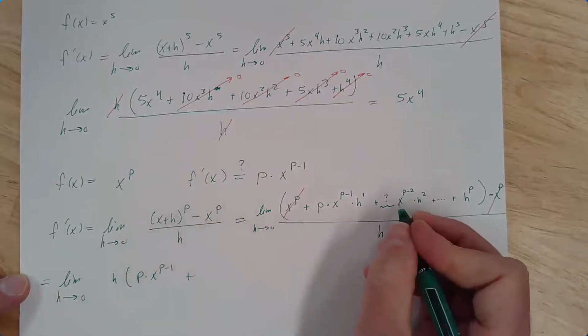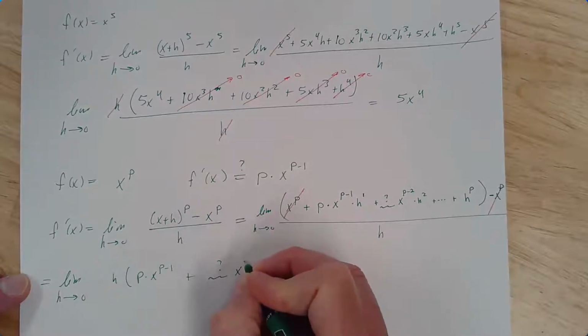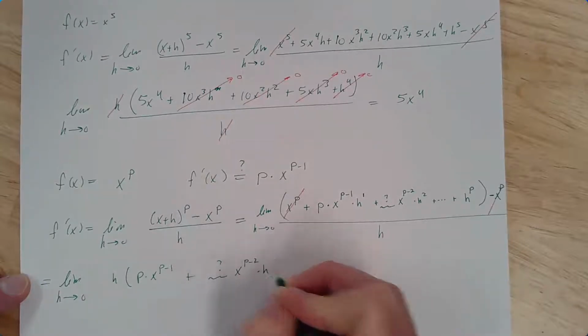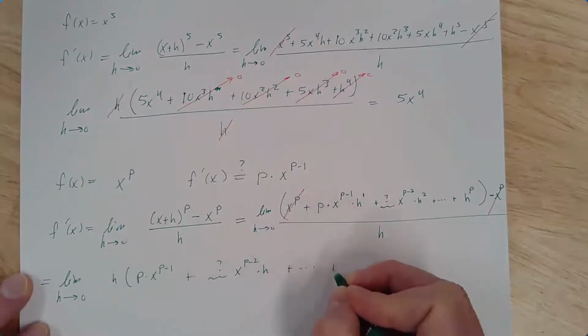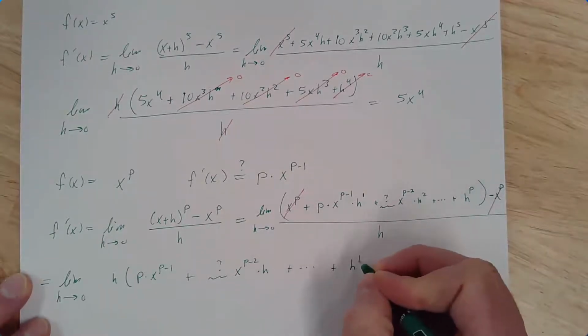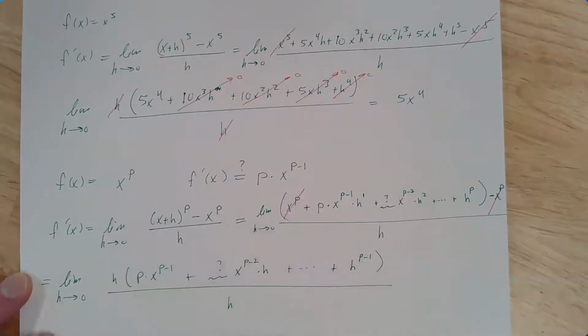From this next term, I'm going to factor out an h. I don't know what the coefficient is, but I'm left with an x to the p minus 2 times h, and so on. From all the terms, I would keep factoring out h, up until the very last term, I'd have an h to the p minus 1 over h. Those h's cancel. And then if I let all the rest of the h's go to 0, look what's going to happen.